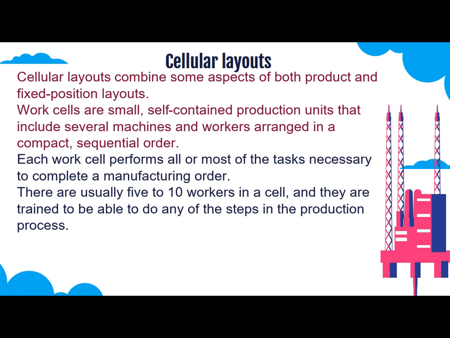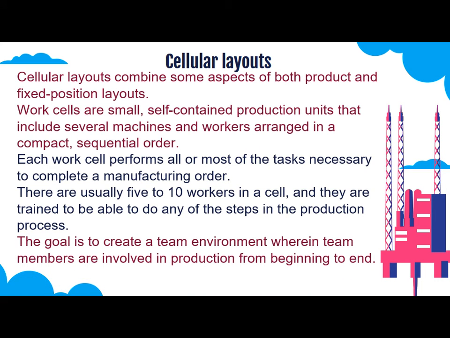Each work cell performs all or most of the tasks necessary to complete a manufacturing order. There are usually 5 to 10 workers in a cell, and they are trained to be able to do any type of step in the production process. The goal here is to create a team environment wherein team members are involved in production from beginning to end.